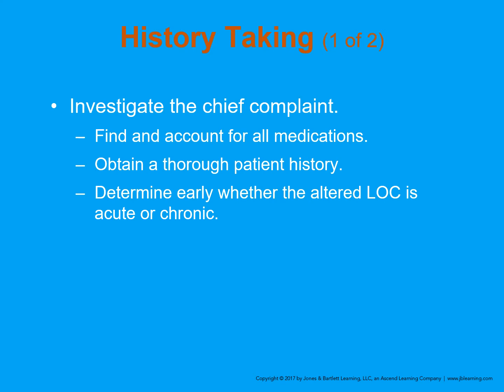Every emergency department should have a medication reconciliation agent, someone that's just there to look at their medications, make sure they're taking them correctly, and make sure that there aren't going to be any drug interactions. Determine early whether their altered level of consciousness is new and sudden or been there a long time, acute or chronic.